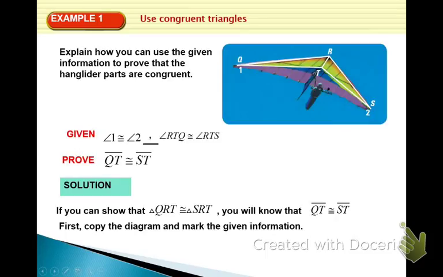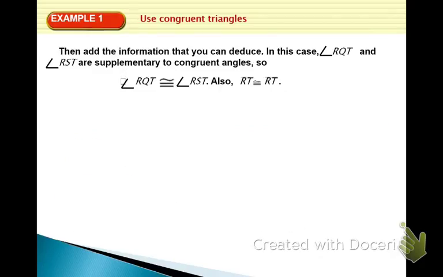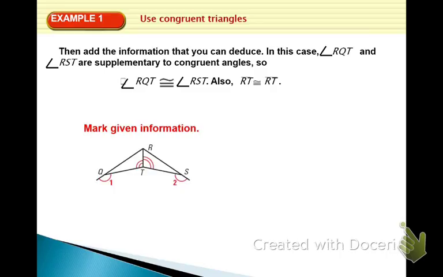Let's go back. So this is just telling you, if we show the triangles are congruent, we will know that QT is congruent to ST. Here's the reasoning. This is just going through what we talked about.